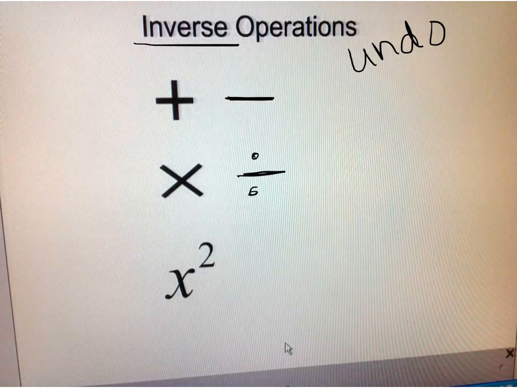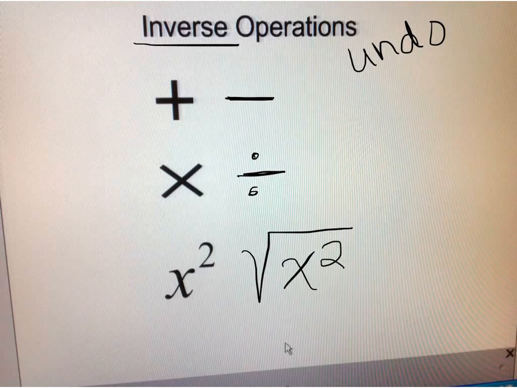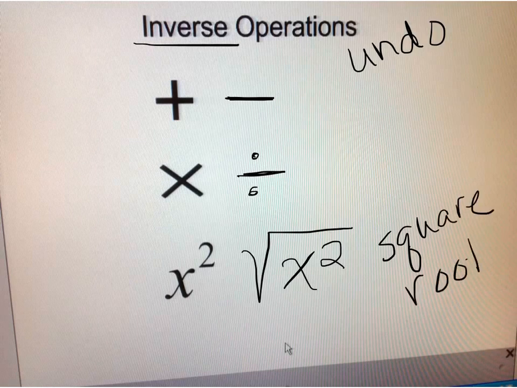So how are we going to undo squaring a number? Well, we call that taking the square root. So if I wanted to undo squaring the variable x, I would take the square root of x squared. So the square root is how we undo squaring a number.